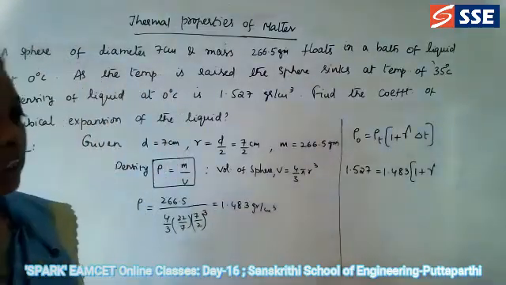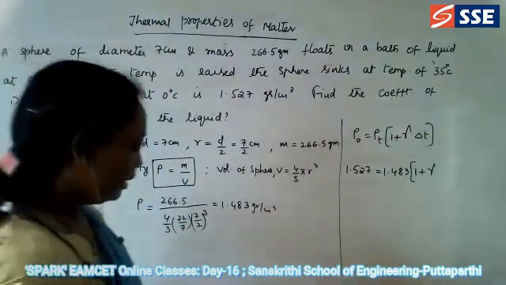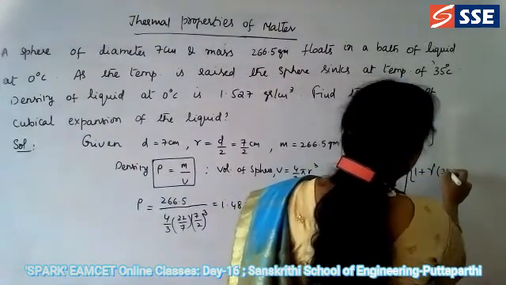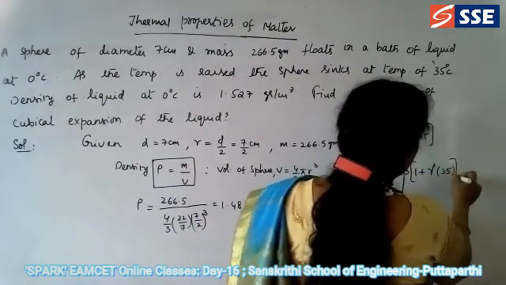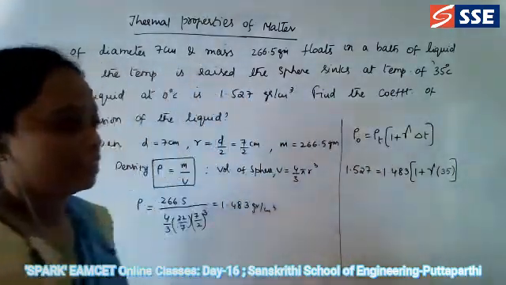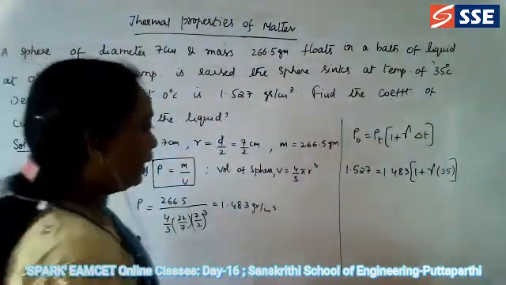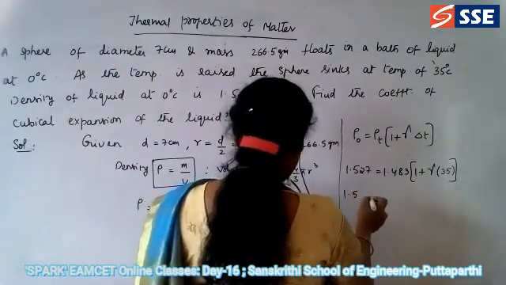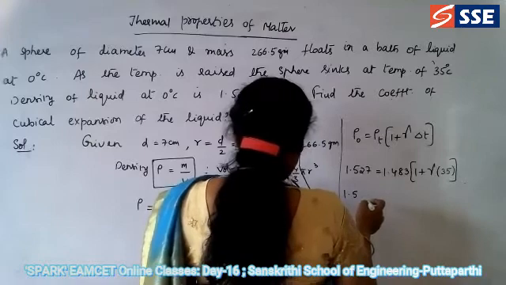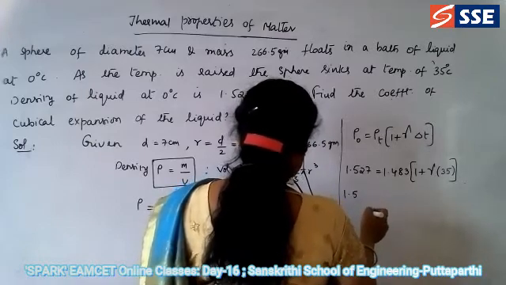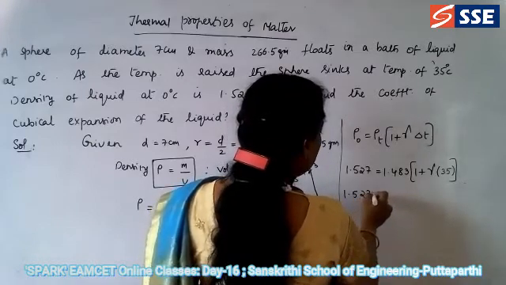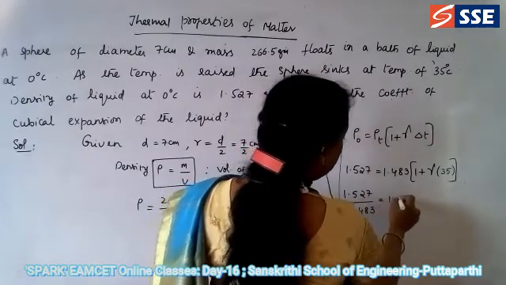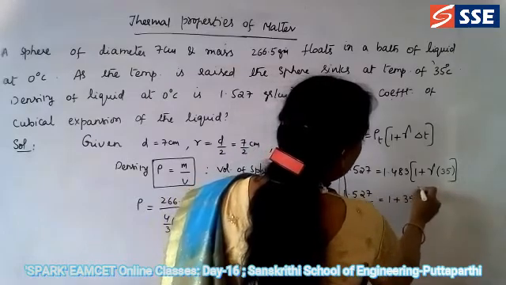Now we are going to calculate the gamma value, and since we have to calculate at 35 degrees, 35 delta t. So directly substitute and tell me the answer, how to calculate this one. 1.527 by 1.483, next 1 plus 35 into gamma.